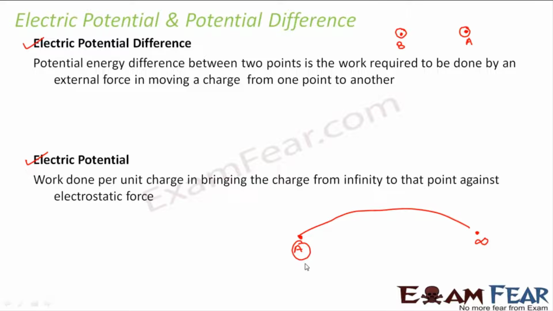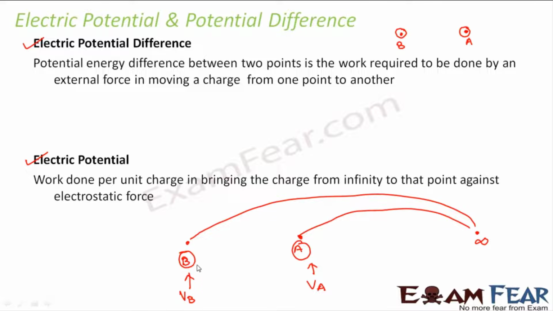So what will be the potential of A? Potential of A is the work done in bringing this charged particle from infinity to A. Similarly, the potential at point B would be the work done in bringing this particle from infinity to point B.